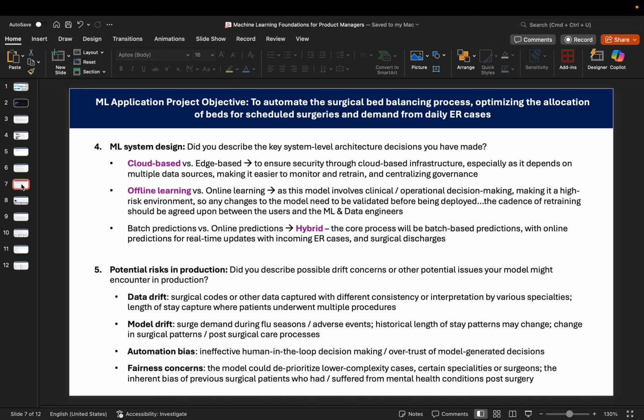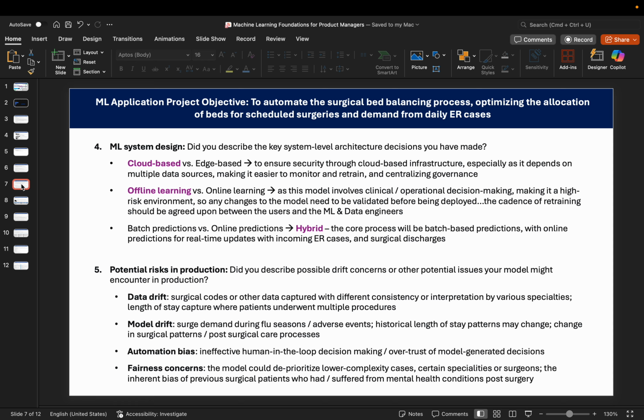There can also be some fairness constraints. The model could deprioritize lower complexity cases, certain specialties or surgeons, higher complexity cases, because the model would want the bed allocation to work more efficiently. So they would prioritize lower specialty cases.